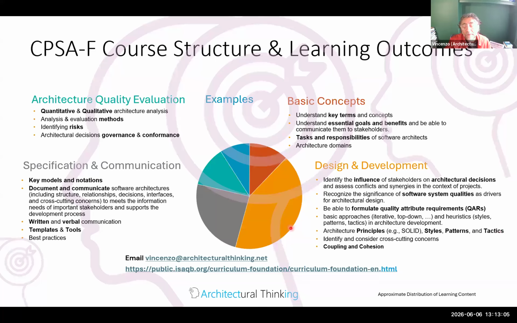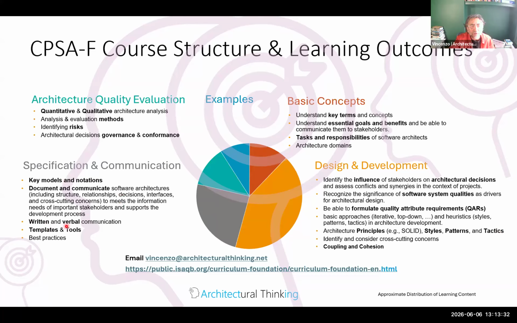And then we talk about, which I think is one of the most important topics in architecture, coupling and cohesion. So that's about doing the architecture, forming the architecture, as I say. Then there is a block on how do we document and communicate the architecture? What are the key models, the key notation, how we document architectural decisions, for example, and communicate them both in a written but also in a verbal way.